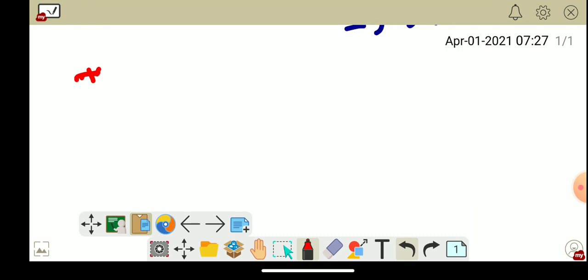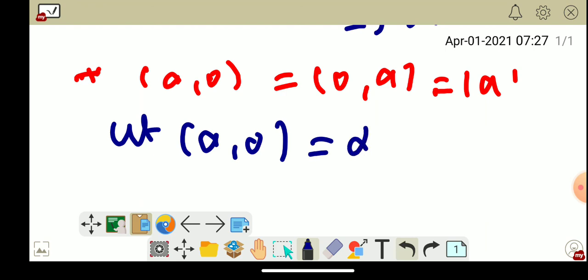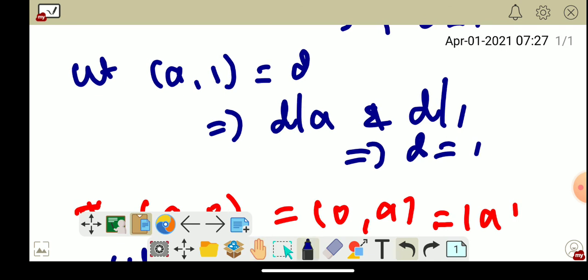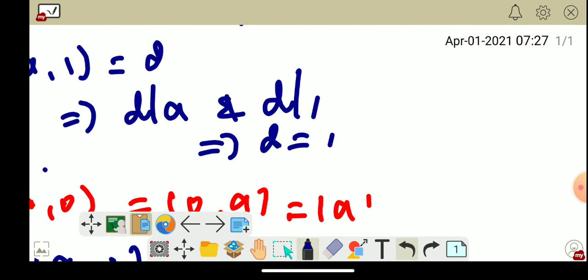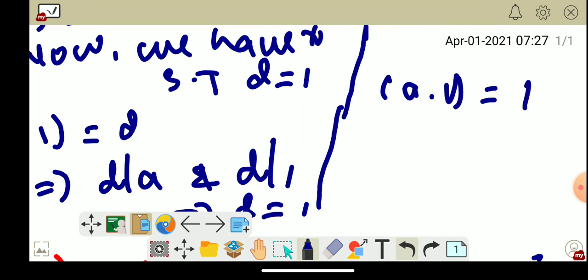GCD of A comma 0, that is equal to GCD of 0 comma A, that is equal to mod A. Now let GCD of A comma 0 be equal to D. Since we have GCD of A comma 1 is equal to 1, and also GCD of AB is equal to GCD of BA, therefore GCD of 1 comma A is also 1.